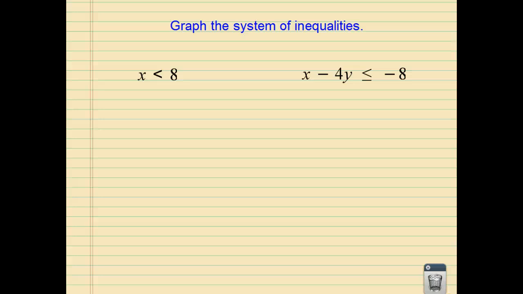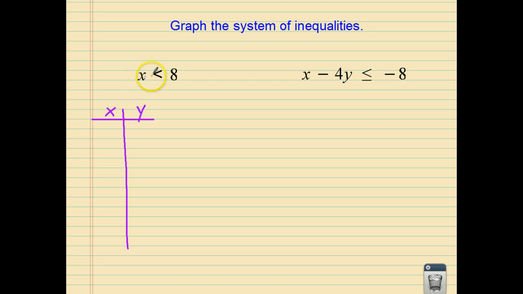Before we graph, we need to come up with all of the ordered pairs that would create the lines. If I'm looking at the first one, it says x is less than 8. We're going to treat the inequality symbol as an equal sign for now. So if I were to create this as an equation, I have my inputs and my outputs.